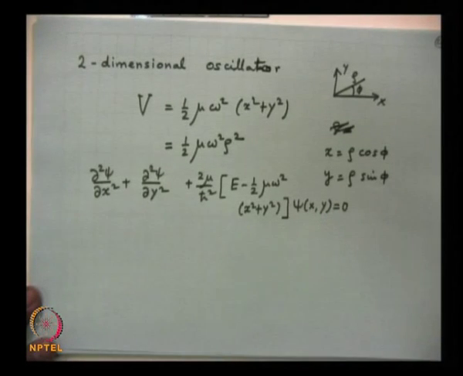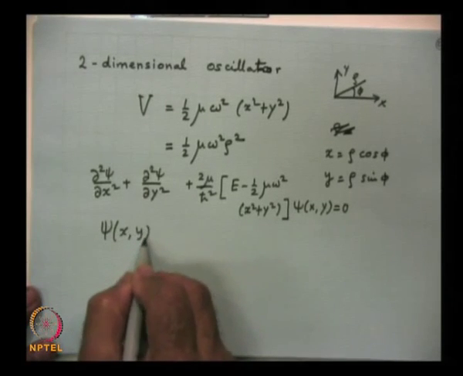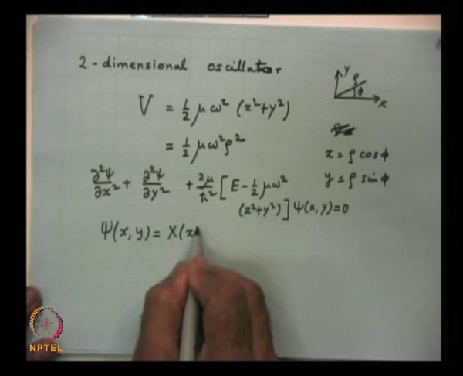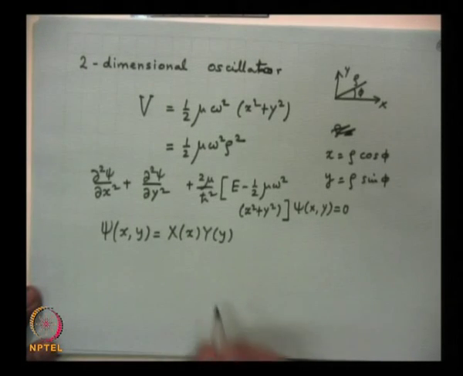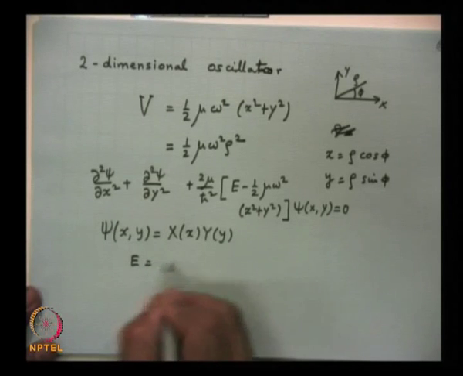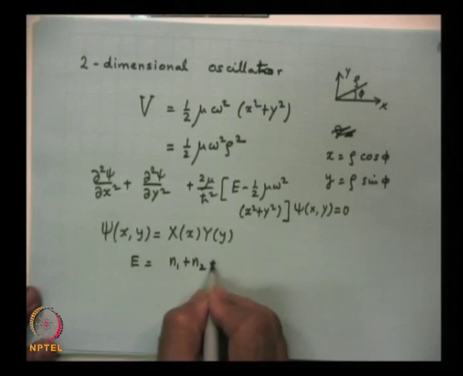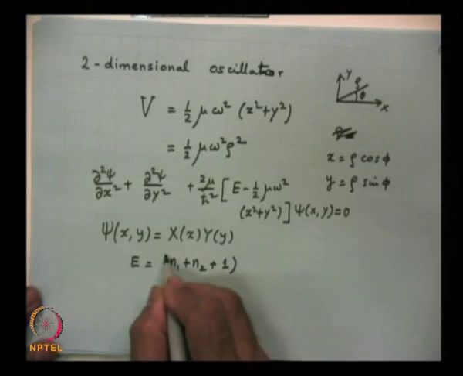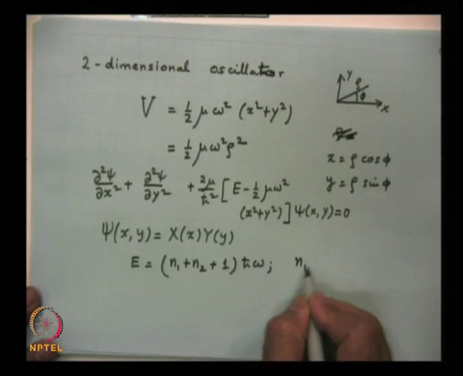And I leave it as an exercise. You again use the method of separation of variables. You write psi of x y as X of x and Y of y. You will obtain Hermite Gauss functions, and the energy eigenvalues will be n 1 plus half plus n 2 plus half, so n 1 plus n 2 plus 1 times h cross omega. These will be the eigenvalues.